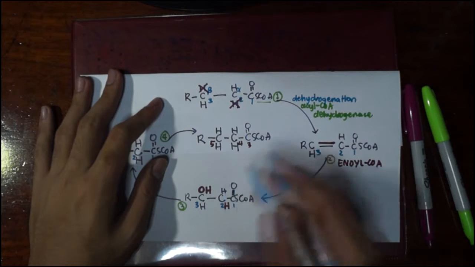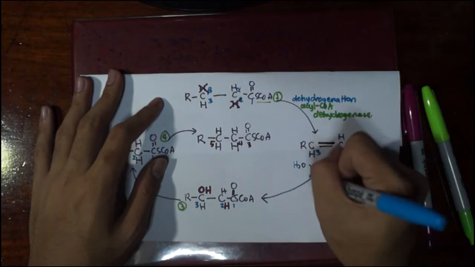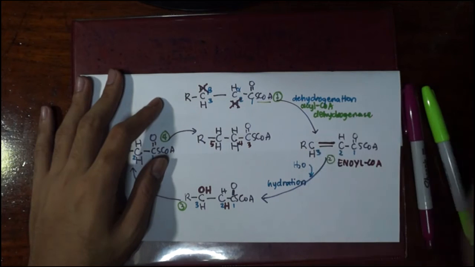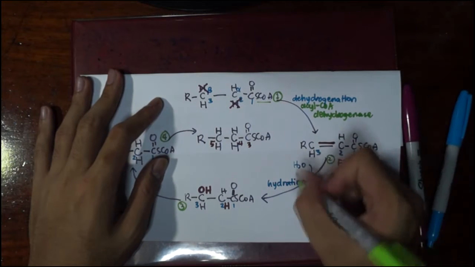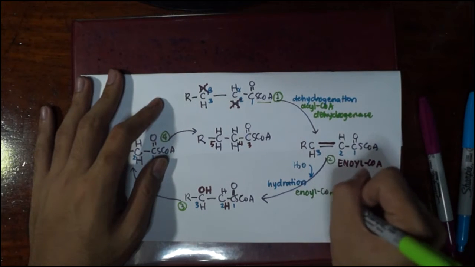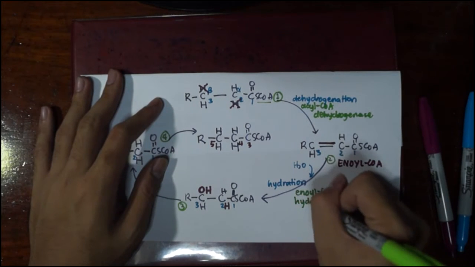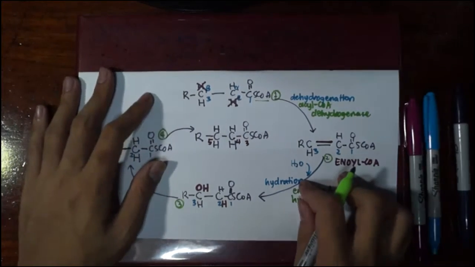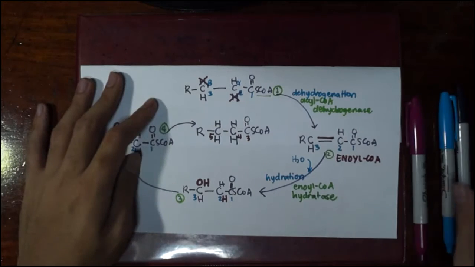Remember, HOH is H2O, which is water. So the reaction is hydration. The enzyme responsible is, again, the name of the substrate was implied, enoyl-CoA. This time, we call this one a hydratase. There is an addition of water.